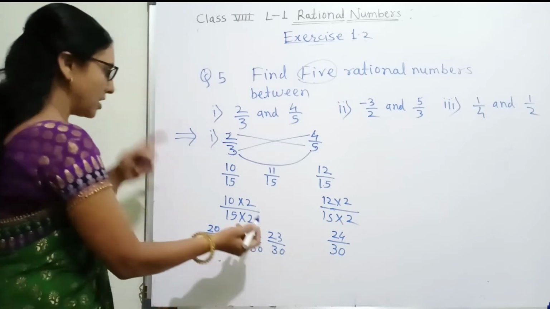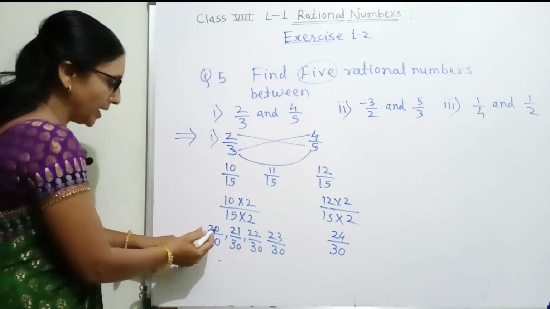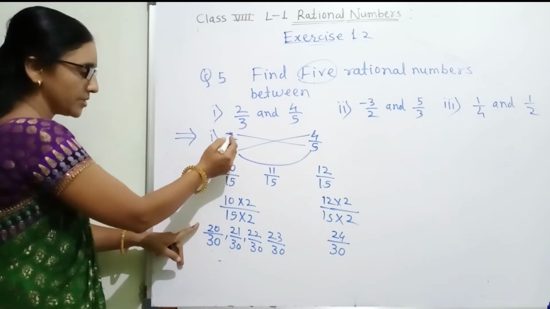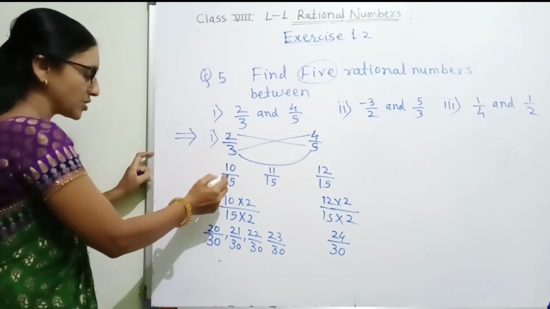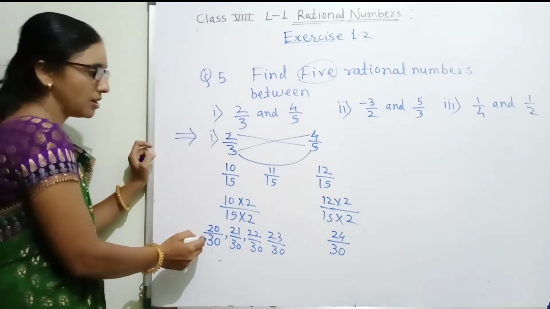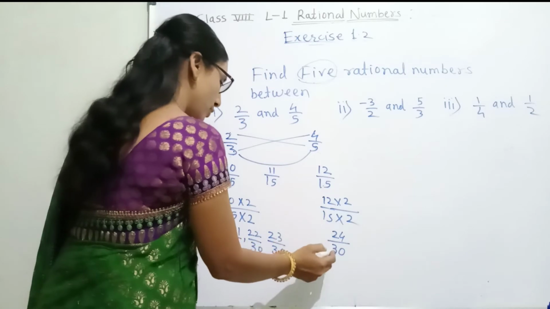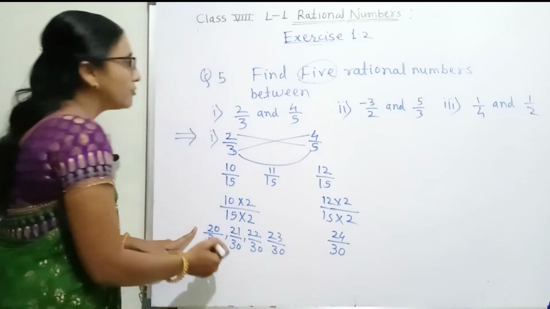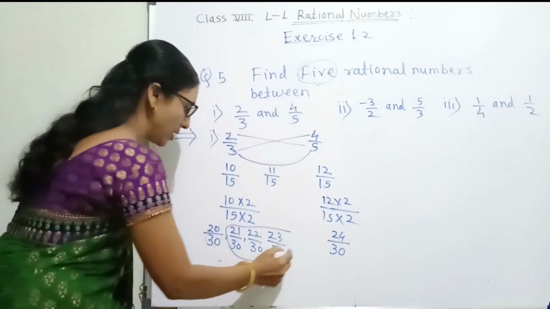Means 3 rational numbers between 2 by 3 and 4 by 5, because 20 by 30 is equivalent to 10 by 15. 10 by 15 is equivalent to 2 by 3. These 3 rational numbers are equivalent rational numbers. And also here 4 by 5, 12 by 15 and 24 by 30 are equivalent rational numbers. But we want 5 rational numbers, and here we get 3 rational numbers.